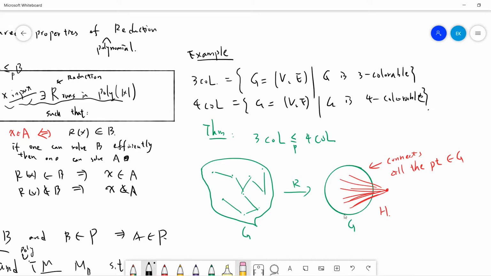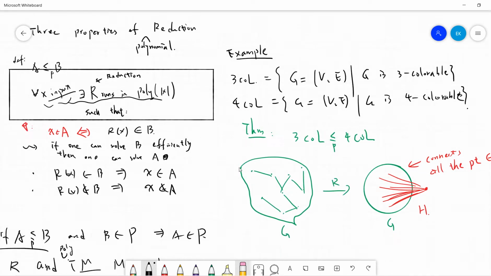But H is connected to all points, so H must have a unique color, like white, different from red, green, and blue. So if this graph is 4-colorable, then definitely G is 3-colorable, because you can remove H. And if G is 3-colorable, then definitely G prime is 4-colorable; you just add H. So it's easy to prove that it satisfies this property. Basically, I already proved it.